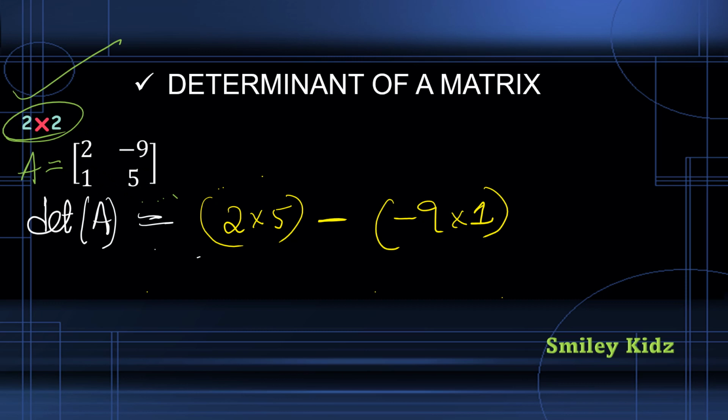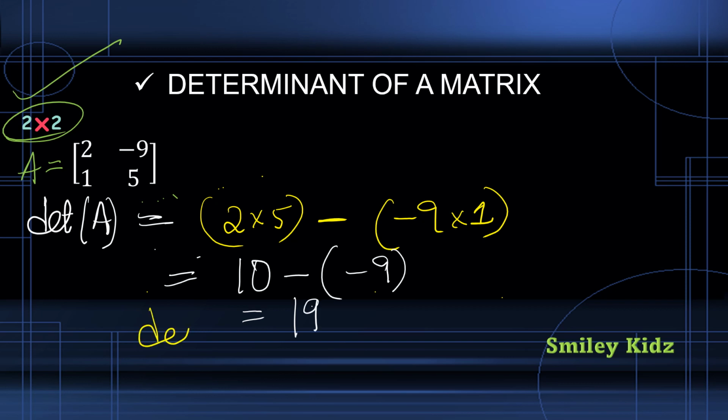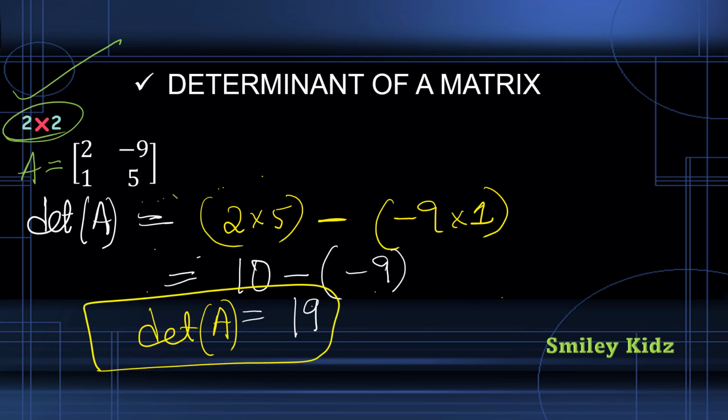Okay. Firstly, multiply the diagonal elements. Then, multiply the rest of the elements. Subtract them. As simple as that. Fine. So, here it's going to be 10 minus of minus 9, that will be 10 plus 9, that is 19. Now what is the determinant of matrix A? The determinant of matrix A will be 19.